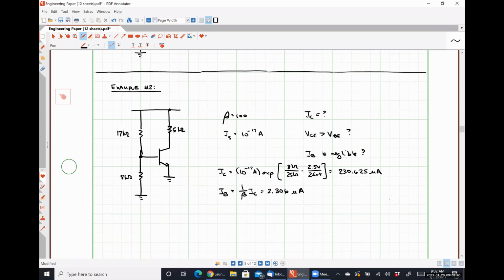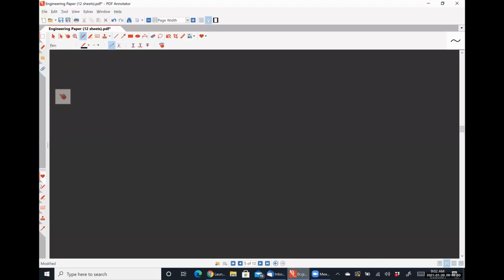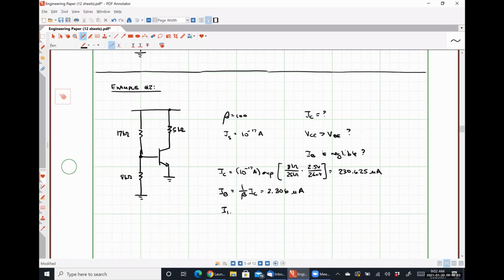Our current IR2, I'll define that here, is simply VCC, which is 2.5 volts, divided by R1 plus R2, 25 kilo ohms, is equal to 100 microamps.